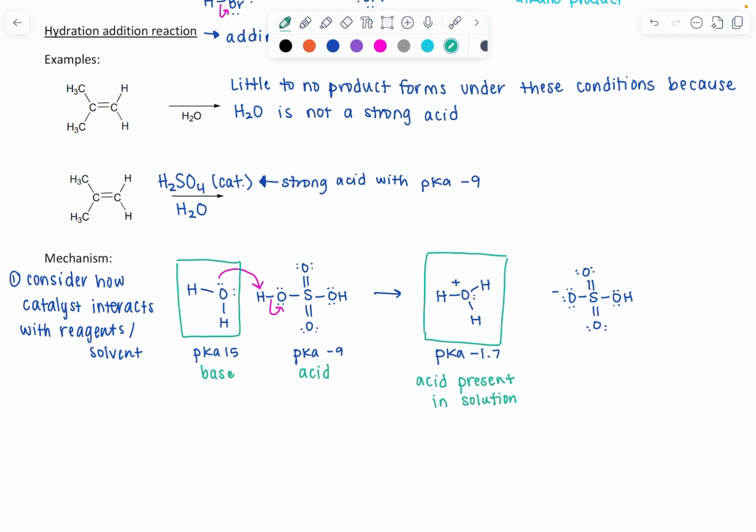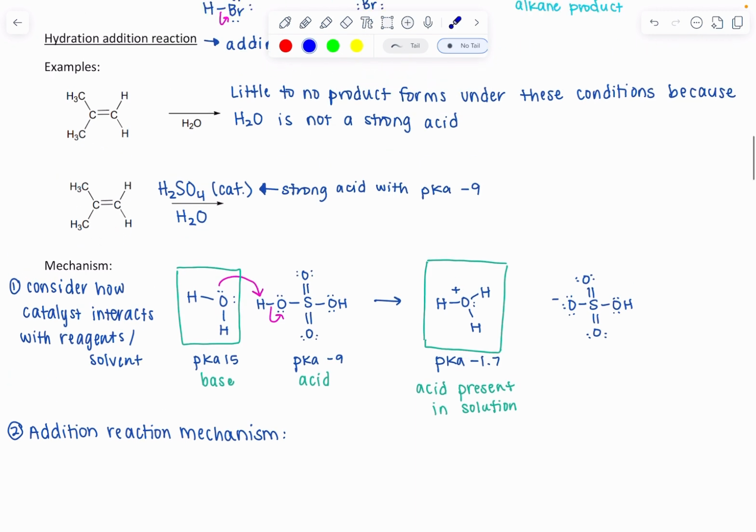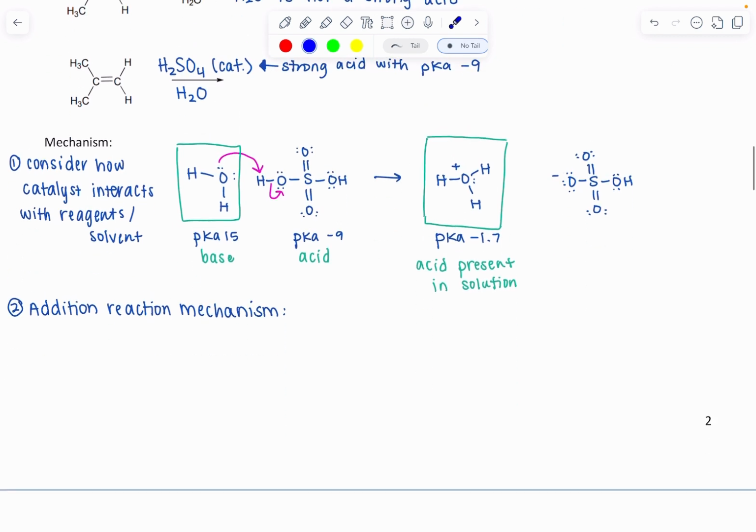Okay, so now let's draw the mechanism. Now we'll start with this alkene, the one that we started with up here, and draw the hydration addition reaction mechanism.